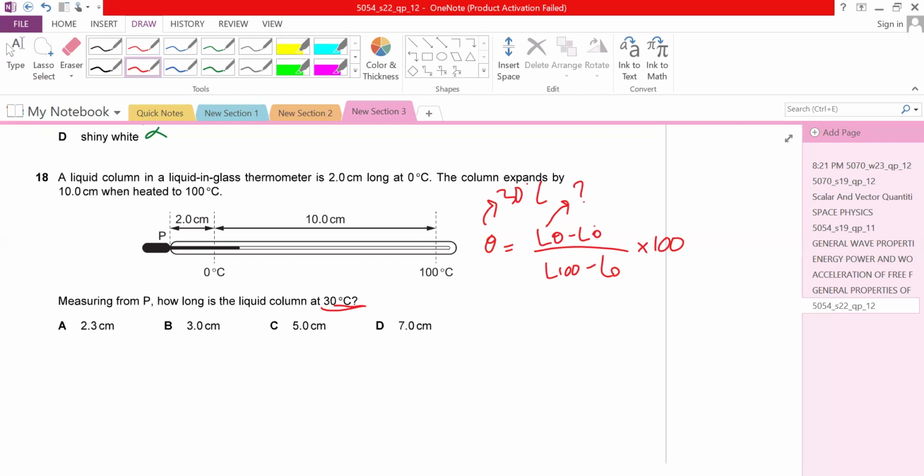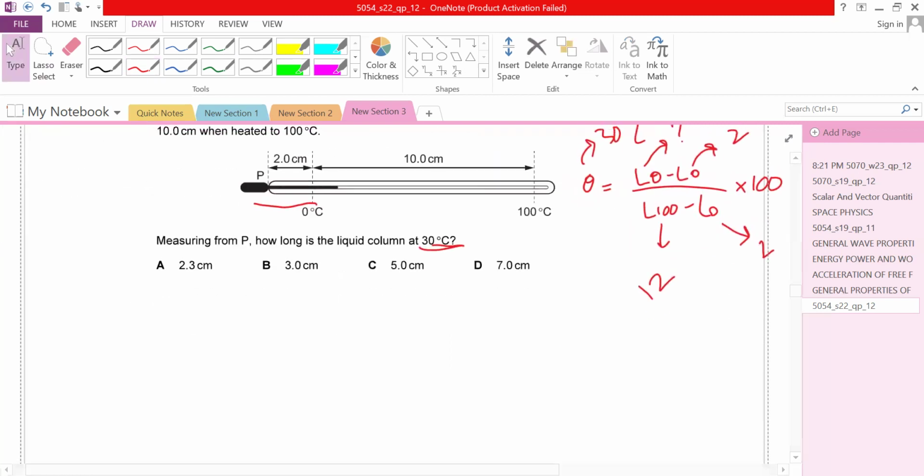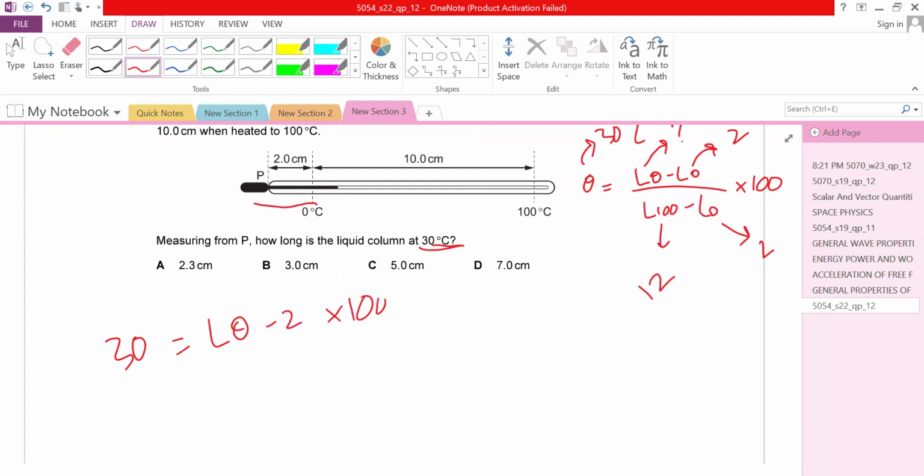Then the L0 is the length at 0 degrees Celsius till P, which is 2 centimeter. L100 is the total distance, which is 12 centimeter. Now put the values in the equation. 30 equals L theta minus 2 into 100 divided by 12 minus 2.